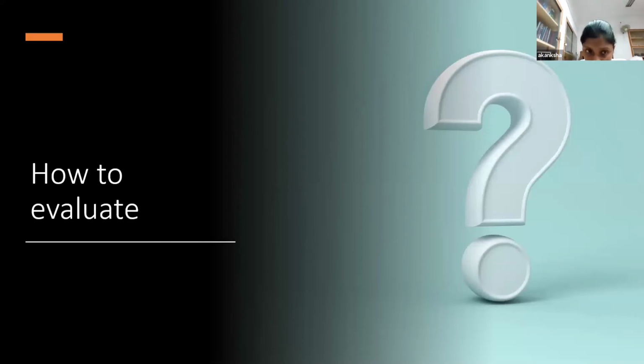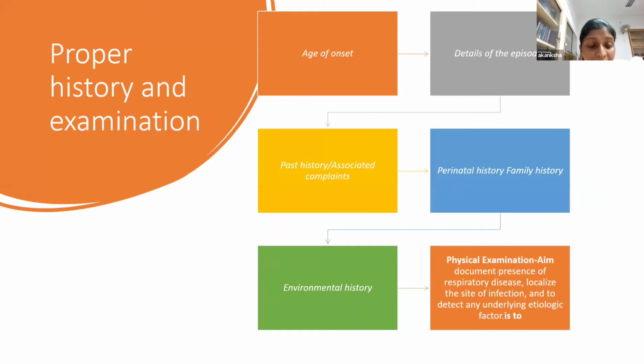Now, how to proceed for evaluation? Proper history and examination is the key to reach our underlying etiology. During history taking, we should always ask about the age of onset of the symptoms. The earlier the age, the more is the possibility of a structural anomaly like tracheoesophageal fistula, or any genetic disorder or underlying primary immunodeficiency disorder.